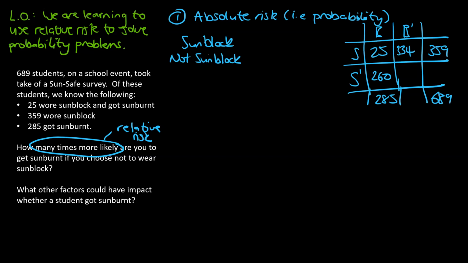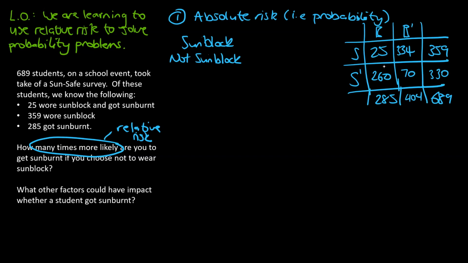We can figure out the total people who didn't wear sunblock by subtracting, so 689 minus 359 gets us to 330. And finally, we can figure out this number, that's 70, and over here would have been 404.